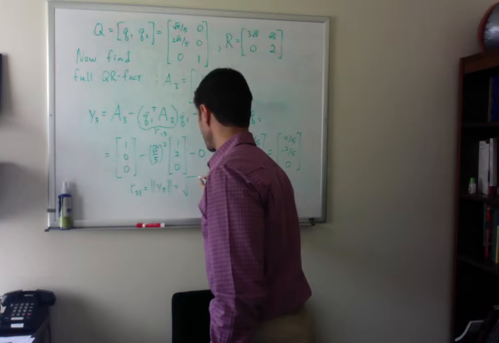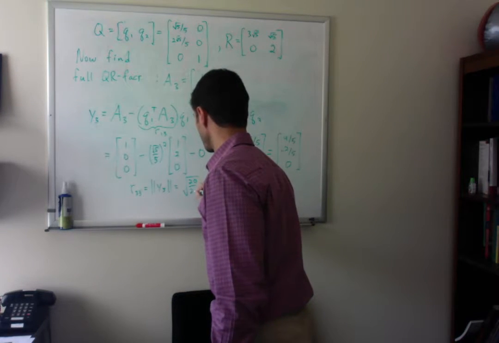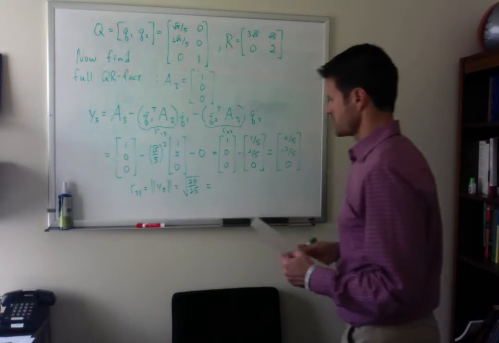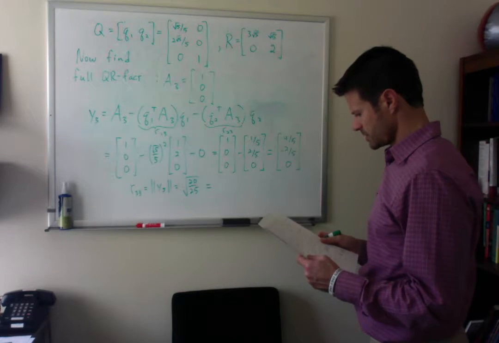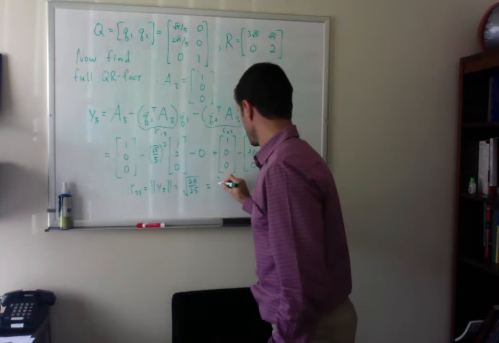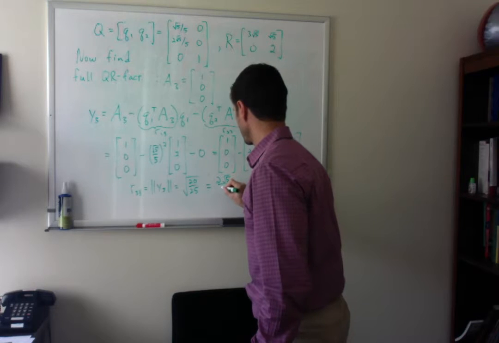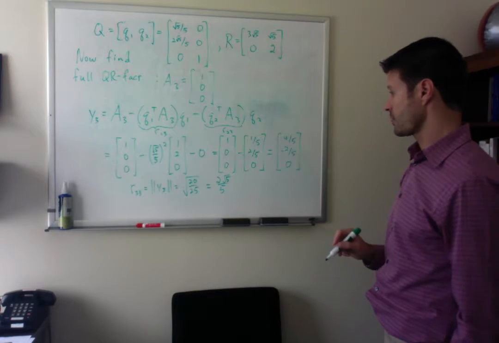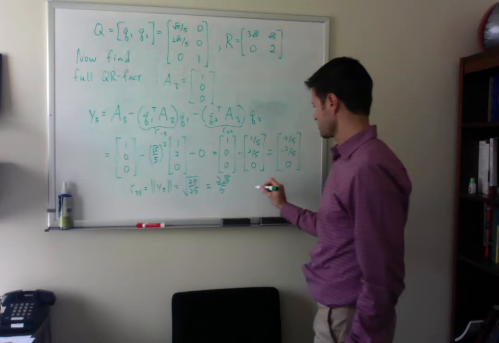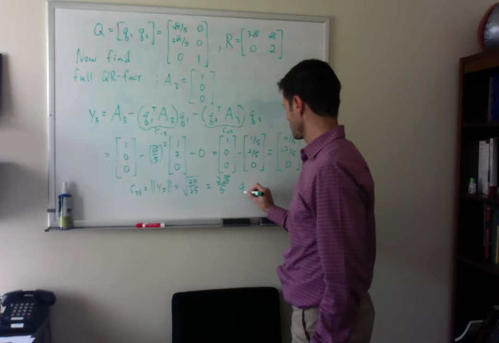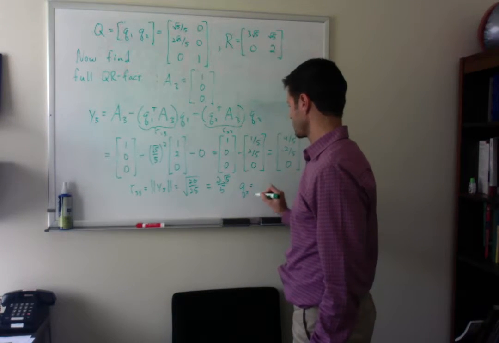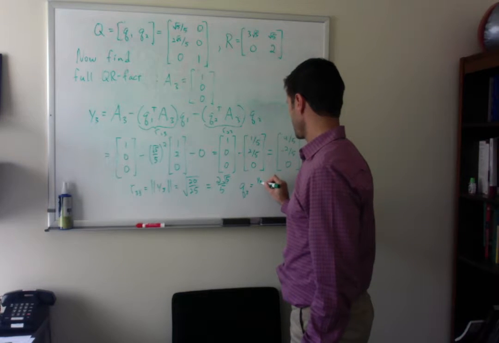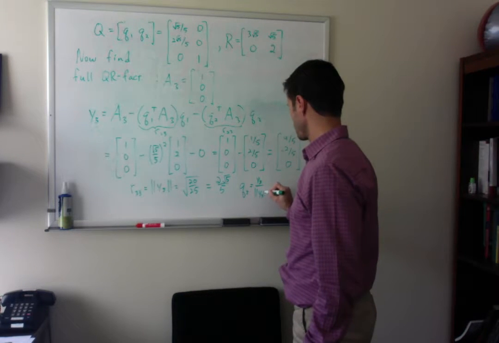And then the square root of that is the square root of 20 over 25, which equals, in simplest terms, 2 root 5 over 5. Okay. And so now I take Y3 and I construct Q3. So Q3 equals Y3 divided by the norm of Y3.